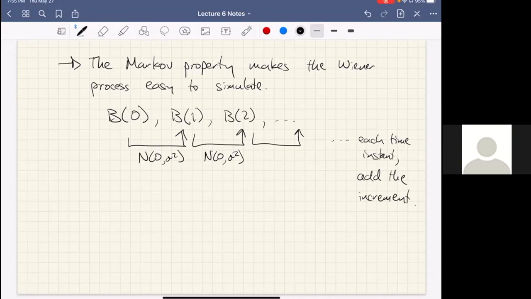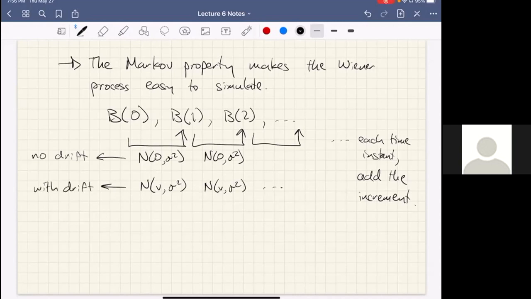This is without drift. If you have drift, of course, the increment is given by V. In this instance, it's V times (T2 minus T1), but T2 minus T1 is 1. So in this instance, it would be N(V, sigma squared). This is with drift.